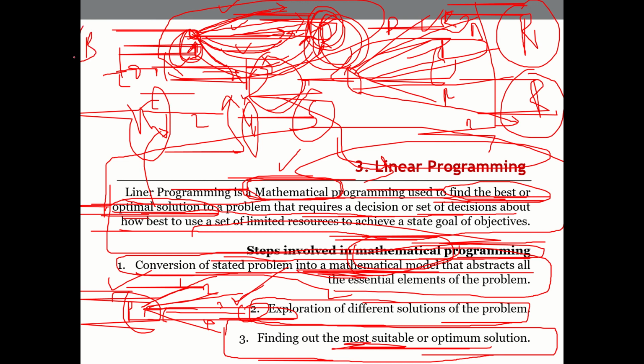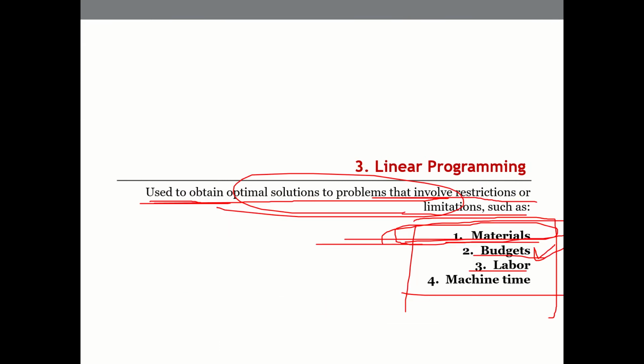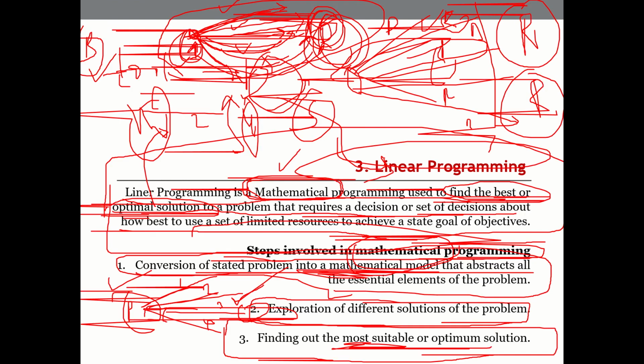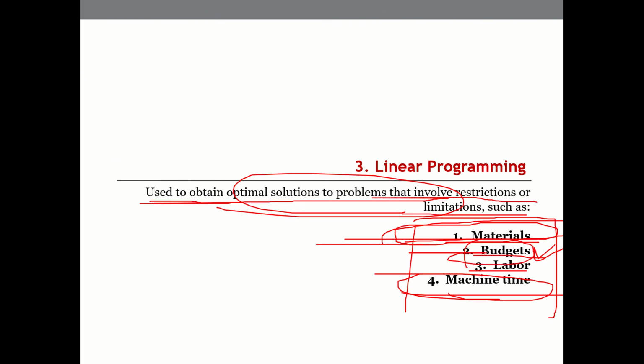If in this case budget is the issue, we should know how to select the best route by taking budget as a criterion. Or any other criterion, like material or comfort. So these things need to be defined when we talk about linear programming.